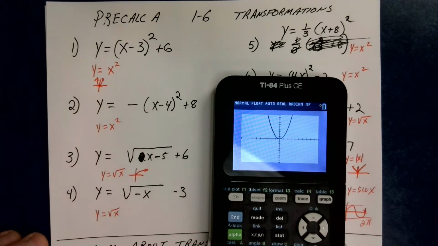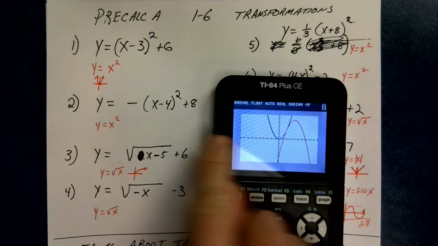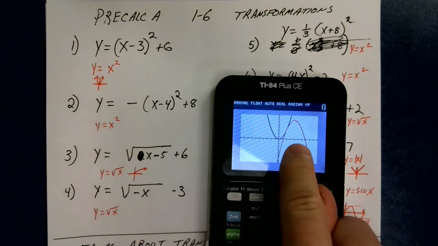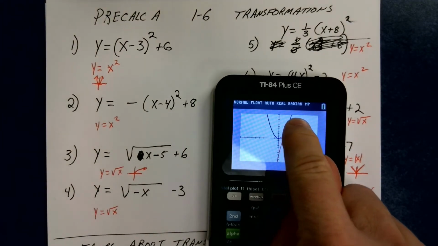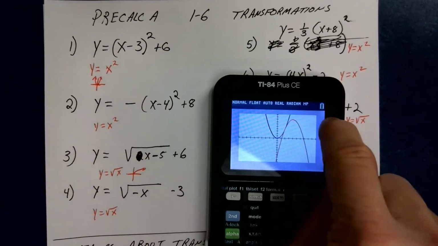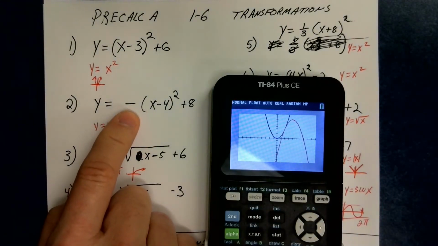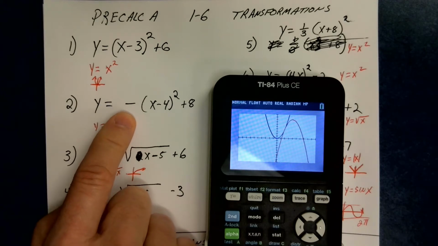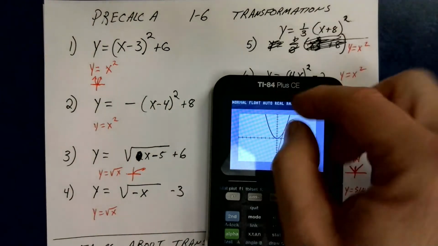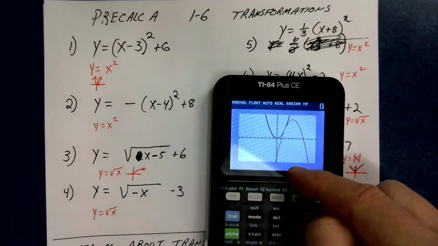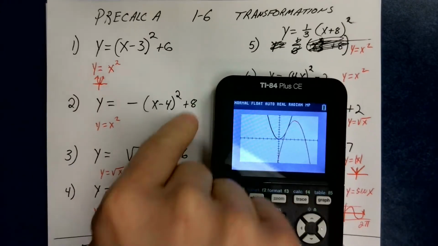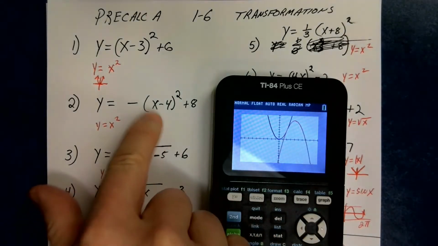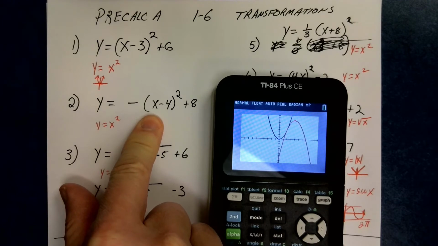So you can see there's my original one, and there's my other one. So again, the shifting goes 4 units to the right and 8 units up, and then it should be a reflection. Well, that reflection happens over that point of the vertex, so it doesn't flip the entire thing over the x-axis all the way down here, unless we put this whole thing in parentheses. We're just doing it in this spot right here.